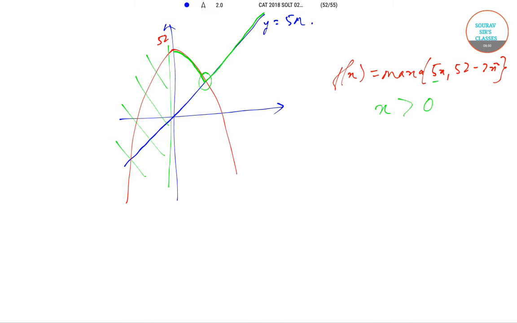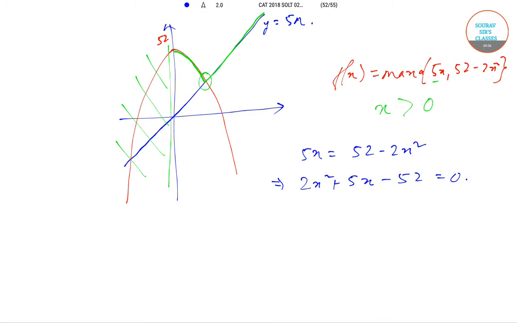So for that what we have to do is basically 5x will be equal to 52 minus 2x square. So this would have been equal to 2x square plus 5x minus 52 equal to 0.